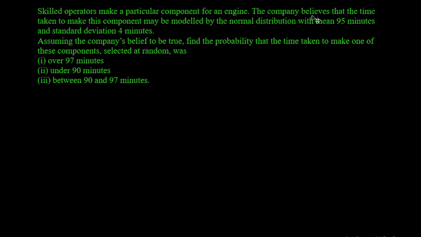The company believes that the time taken to make the component may be modelled by the normal distribution with a mean of 95 minutes and a standard deviation of 4 minutes. Assuming the model above is true, find the probability that the time taken to make one of the components selected at random was over 97 minutes, under 90 minutes, between 90 and 97 minutes.